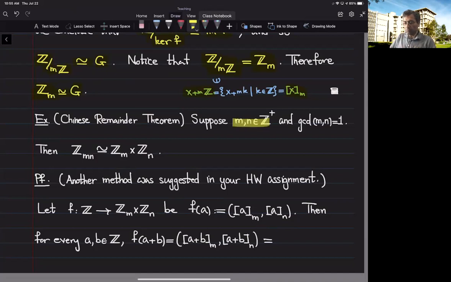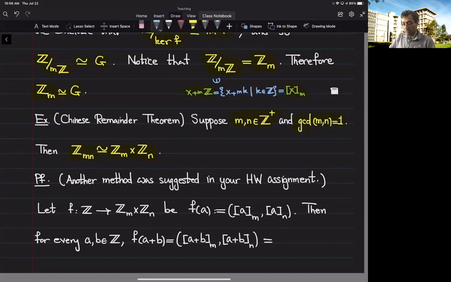Starting with two positive integers that are coprime, Z sub mn is isomorphic to the Cartesian product of Z sub m and Z sub n. Remember, when I give you two groups, then their Cartesian product forms a new group essentially by multiplying, or in this case, adding component-wise.